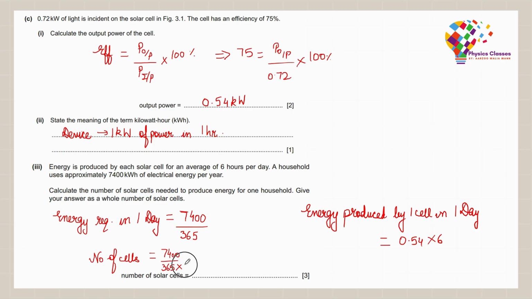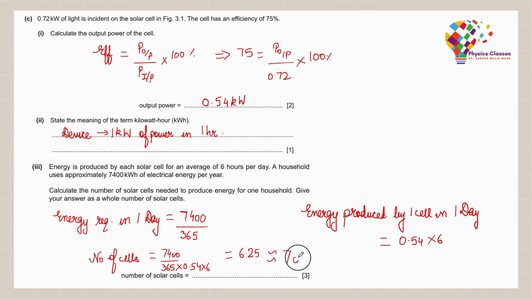This will give me the number of cells. The number of cells by doing this calculation comes out to be 6.25 cells, but then obviously we cannot have 6.25 cells, so the whole number to which we round it off has to be 7. So there are 7 cells required in order to produce energy for one household.